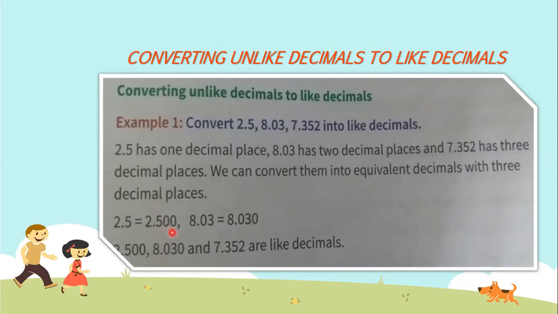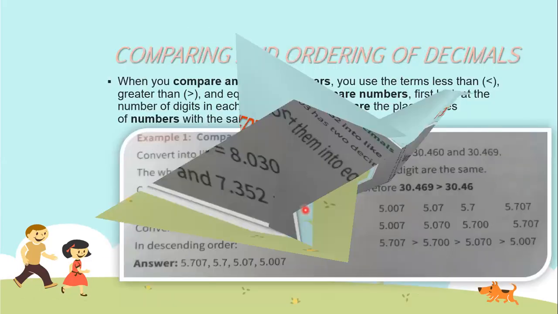How many zeros you keep on the right side doesn't matter, they add no value. In the same way 8.03 can be written as 8.030, which also has three decimal places. Next 7.352 has three decimal places. So these are like decimals. This way we can convert unlike decimals to like decimals.